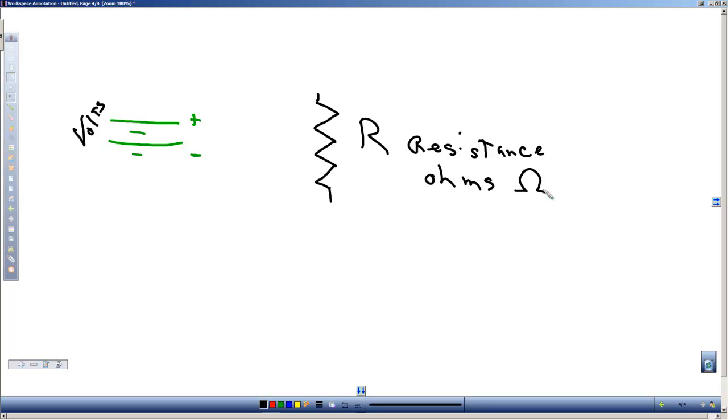Where voltage is the potential to do work or the power of this electrical circuit, resistance is the opposition to current flow, to electricity. And the battery is trying to cause a current to flow from positive to negative.